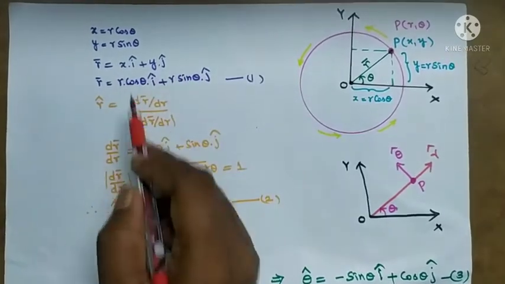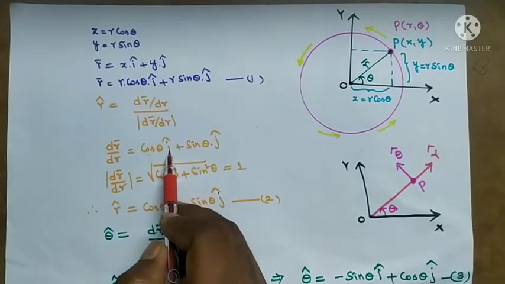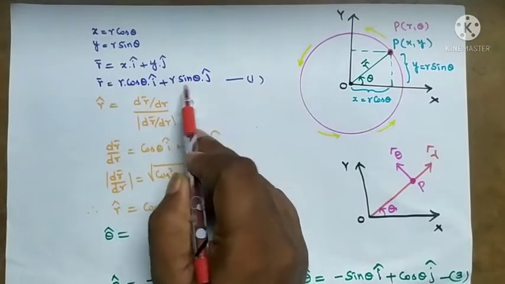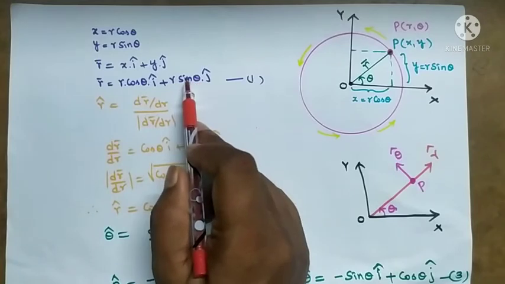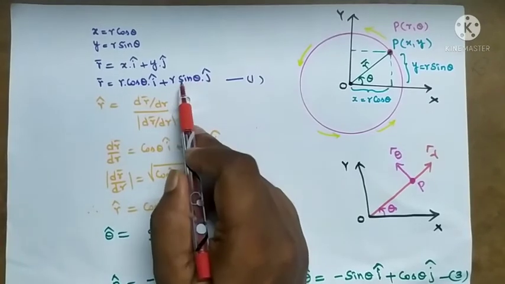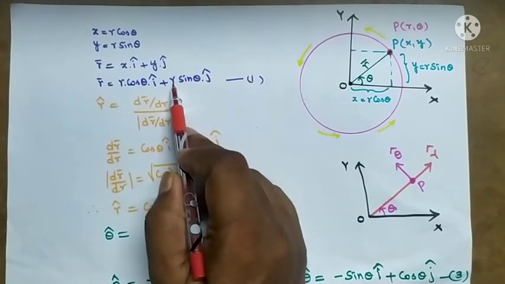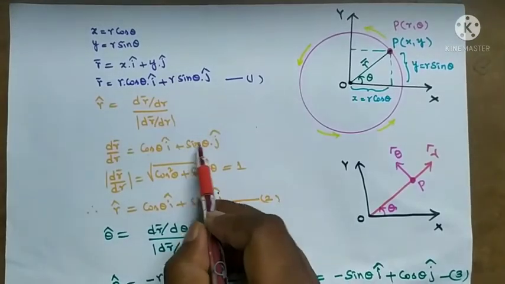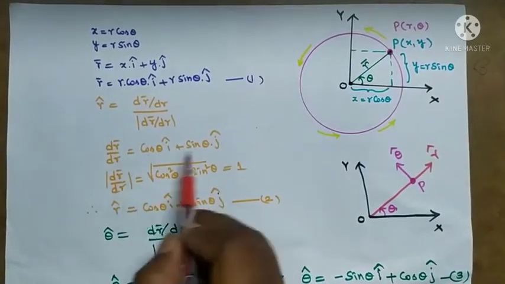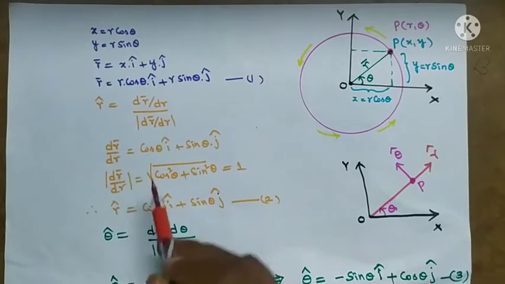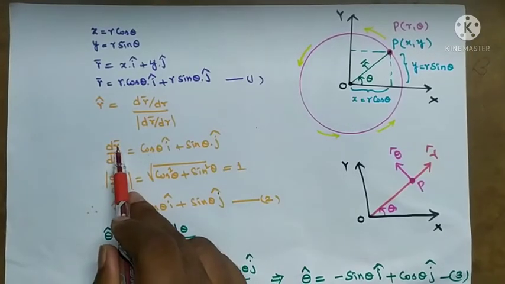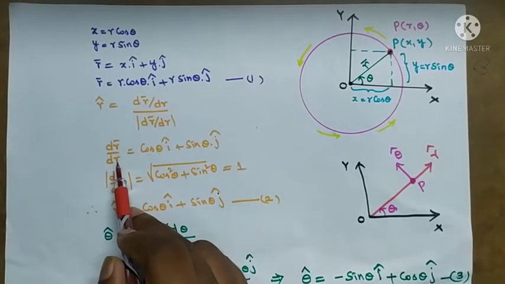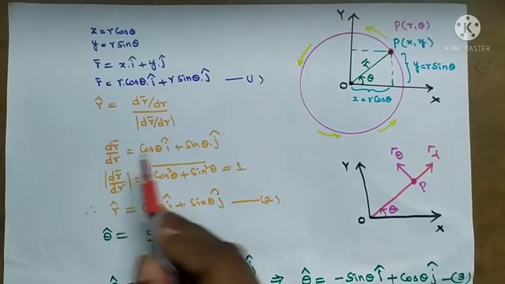So the first term is cos theta i cap. For the second, if you differentiate r sin theta with respect to r, sin theta is constant and the differentiation of r gives 1. Therefore sin theta j cap. This is dr bar by dr, the differentiation of this position vector with respect to the magnitude of that vector.